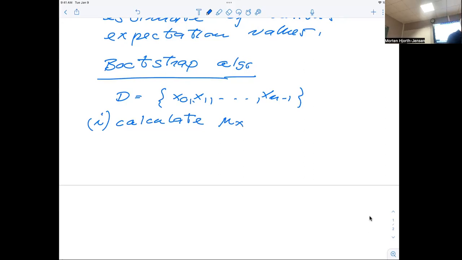Then, in the next case, what we do is that we reshuffle the data randomly. We pick x randomly with a replacement. So with replacement means that you can pick the same data point again.